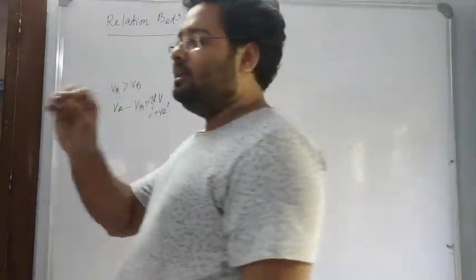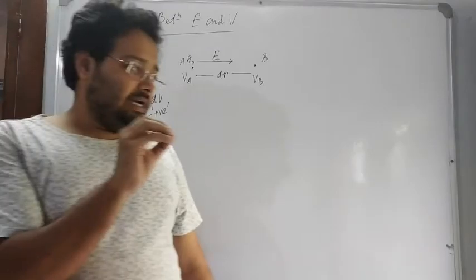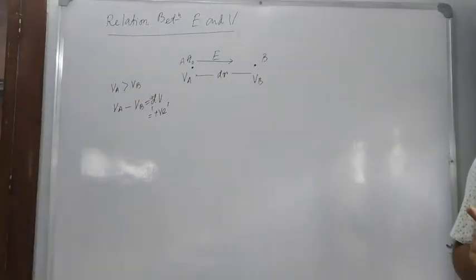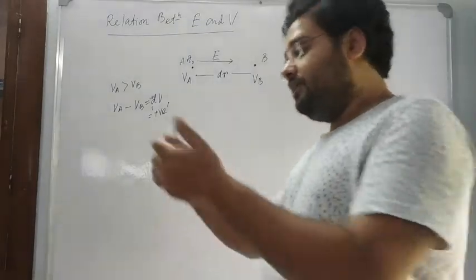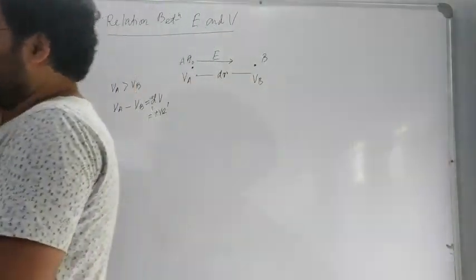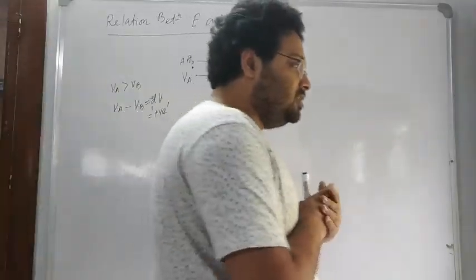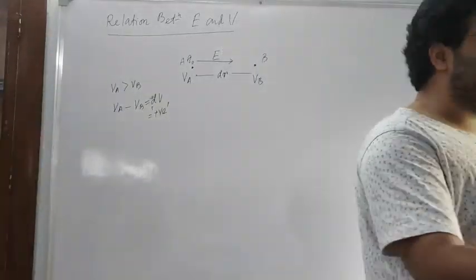Make this very clear. The direction of movement of charge is towards the electric field for positive charge, opposite to electric field for negative charge. And with respect to potential, positive charge moves from higher potential to lower potential on its own.